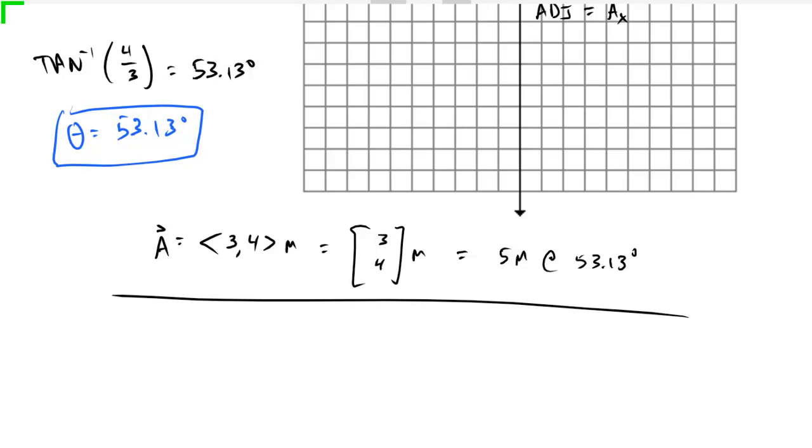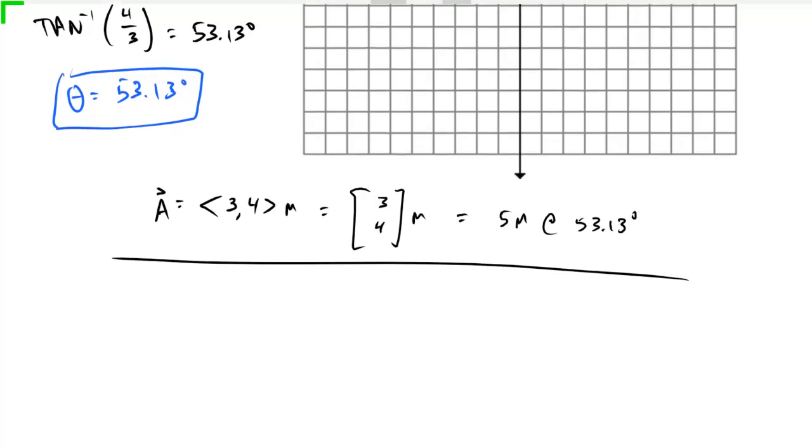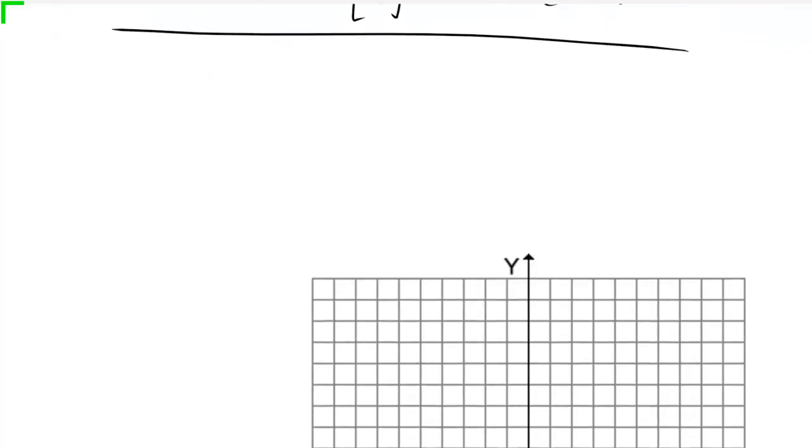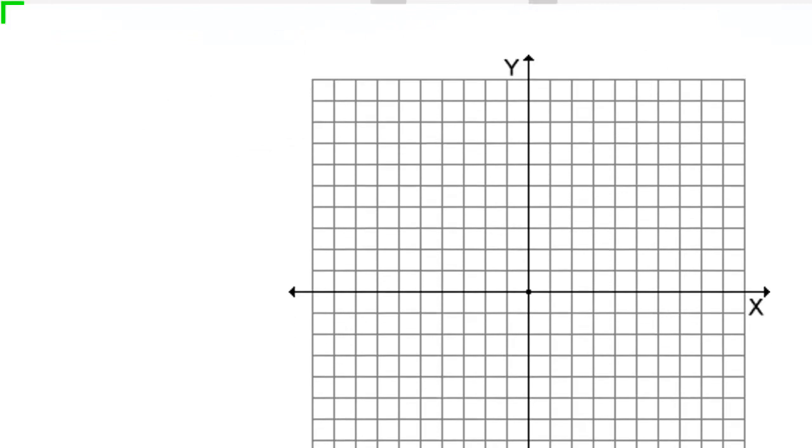Another thing that I would like to take a look at in this video is what happens when you multiply a vector times a scalar. Let's say we have back here again vector A. So vector A, again moving, we'll start at the origin for simplicity again, moving 3 to the right in x and upwards 4 in y.